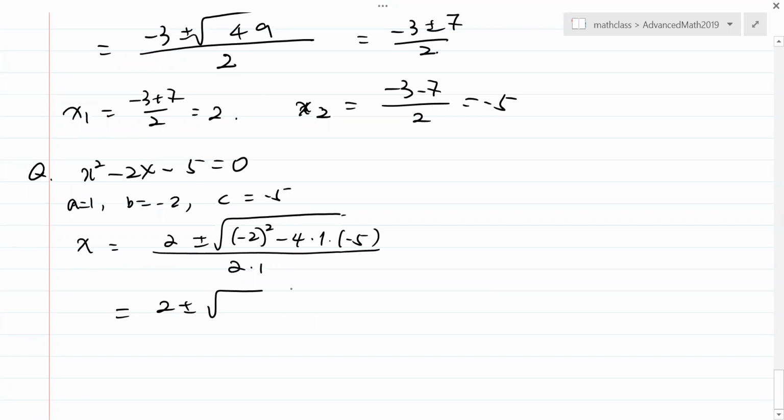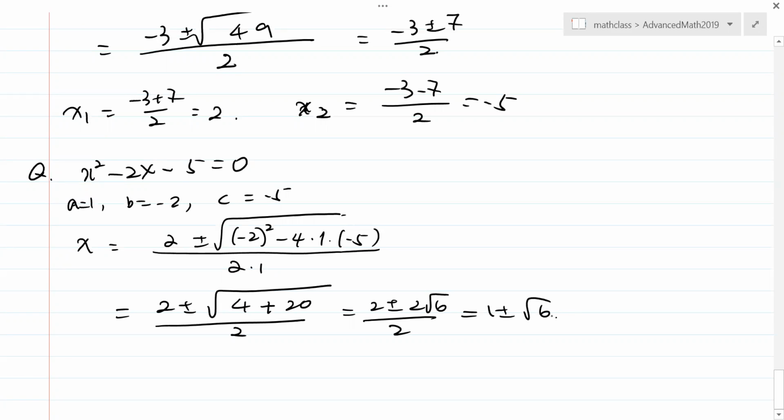Get 2 plus minus the square root of 4 plus 20, which is 24. 24 is 4 times 6. The square root of 4 times 6 is the square root of 4 times the square root of 6, which is 2 times the square root of 6. Then it's plus minus the square root of 6. So you get 2 solutions then.